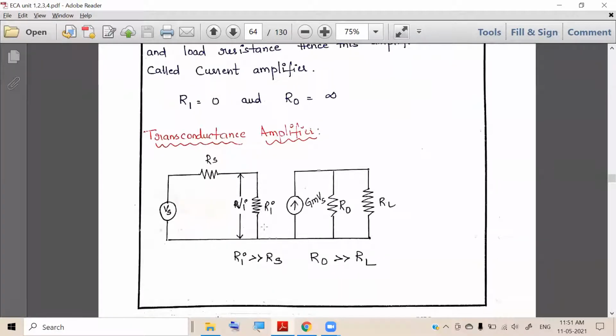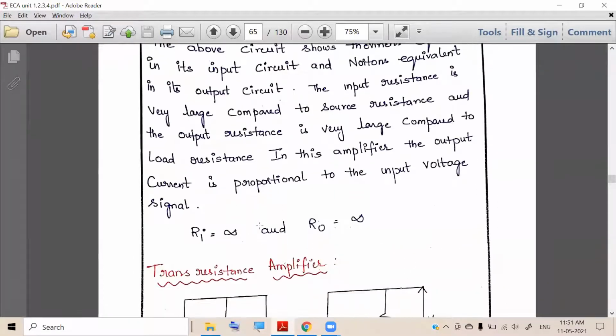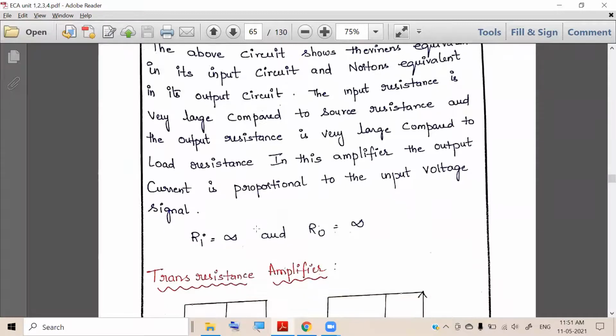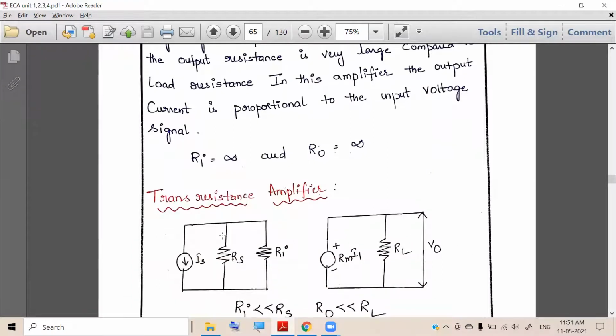Next, the transresistance amplifier. Resistance is voltage by current, so output is voltage and input is current. Voltage is output, current is input.